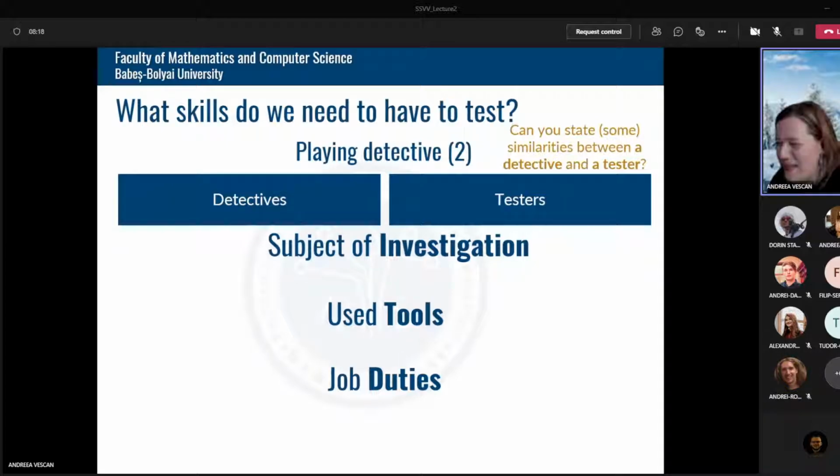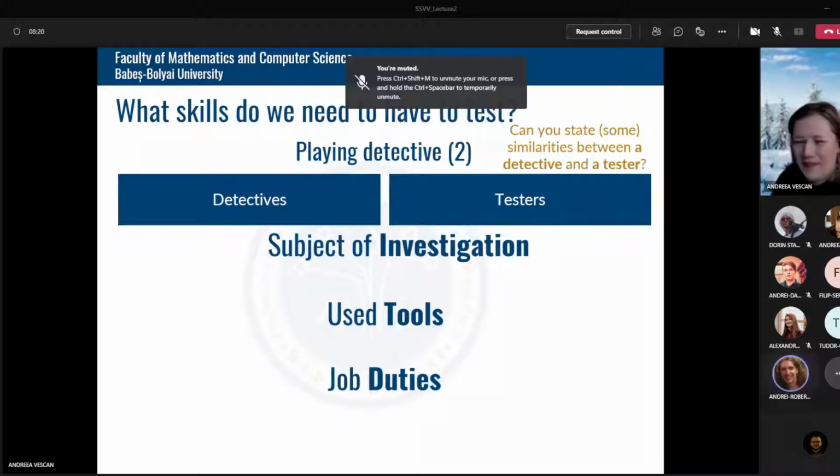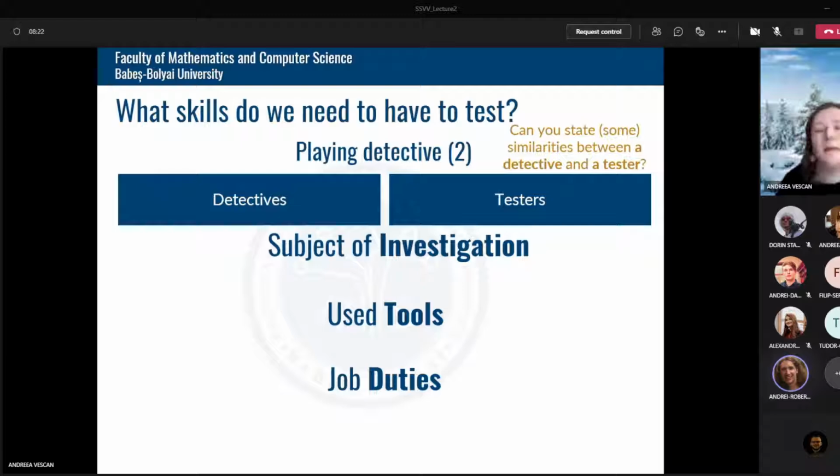The other Andrei? I wanted to ask, could we consider the clues to be tools? Yes. Then the programmer or the tester would take the errors to be the clues. So they are the tools, and the investigator takes the clues from the crime scene, for instance. Right. What else do detectives have?